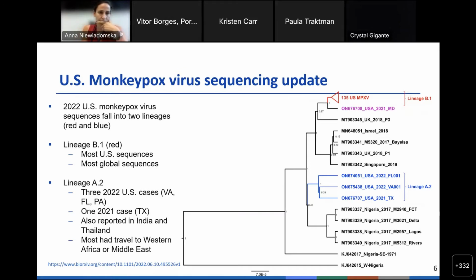Most of those cases have had travel to either West Africa or the Middle East among the lineage A2. And of note, there's been less reported person-to-person transmission of lineage A2, and we're not currently sure why that lineage seems to be less observed or less reported.